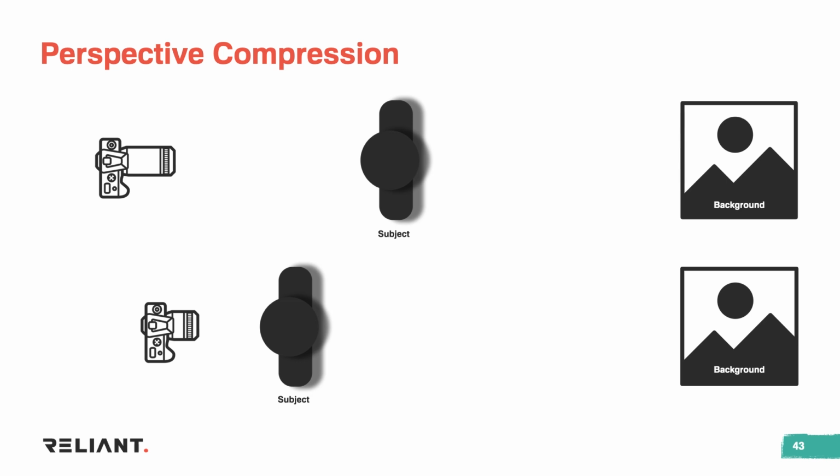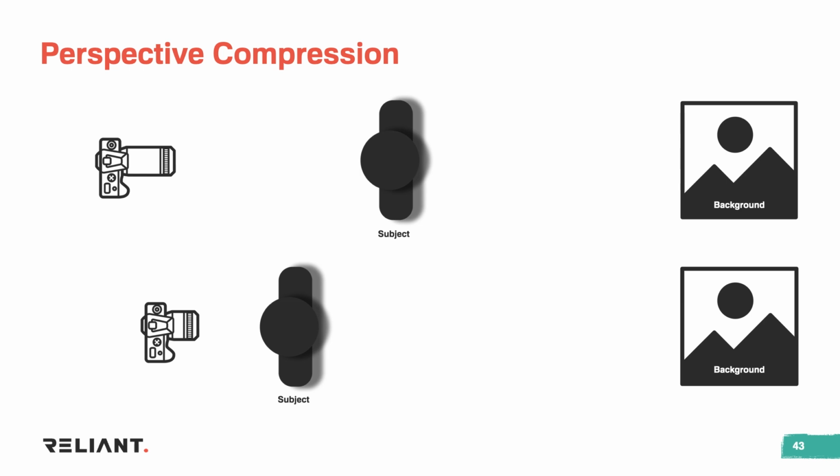So the proximity of your lens to your subject and the lens to the background will have a significant effect on this shallow depth of field effect. So the further you can remove your subject from the background, the more depth of field you're going to be able to create.